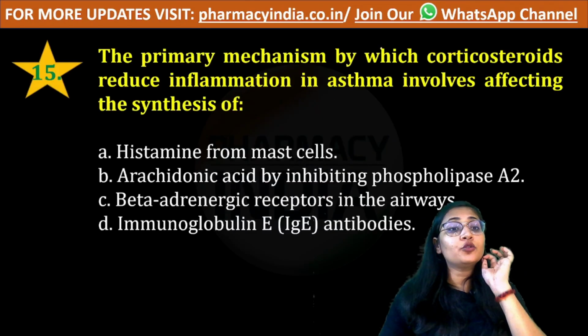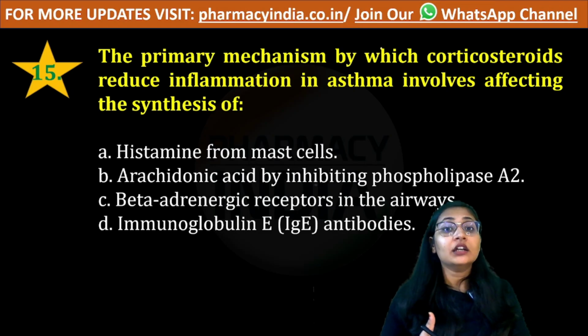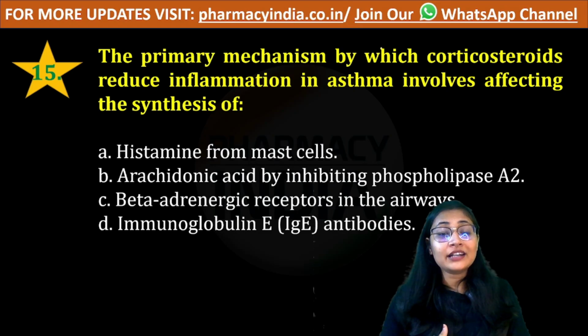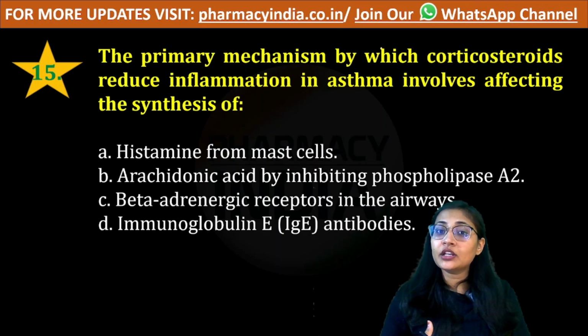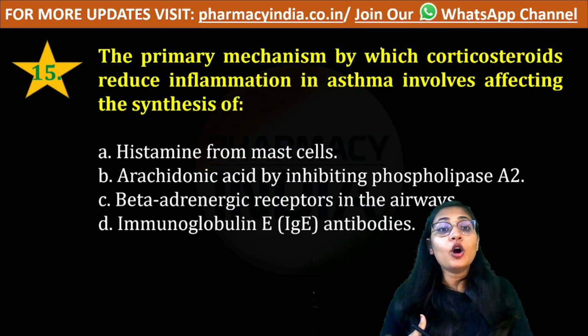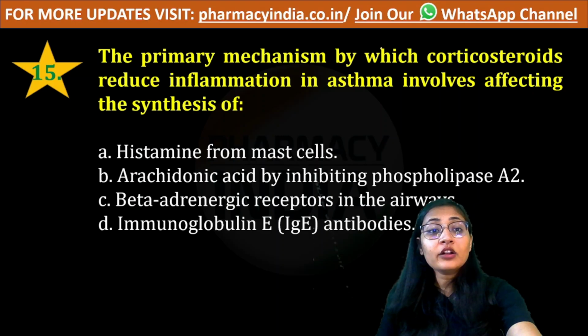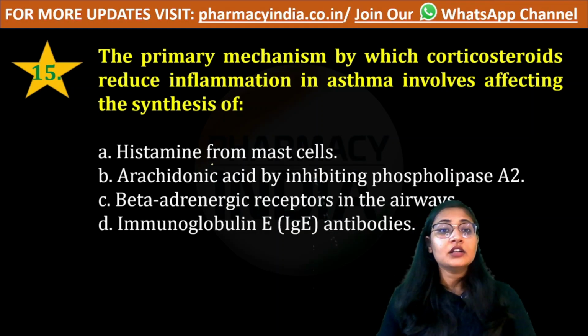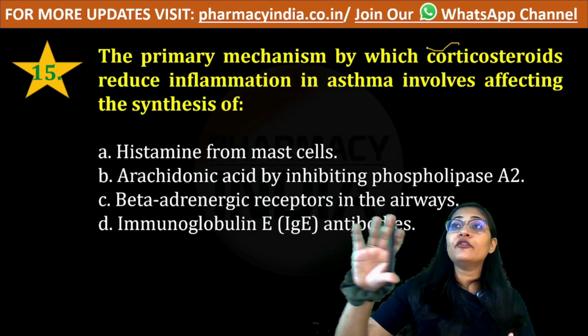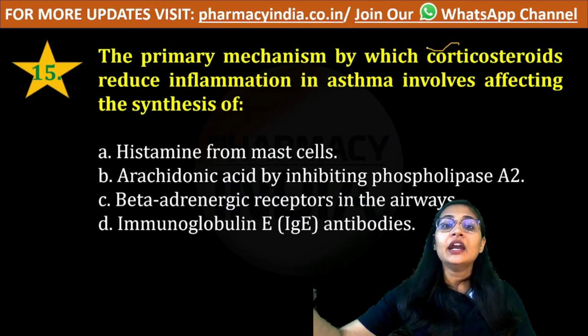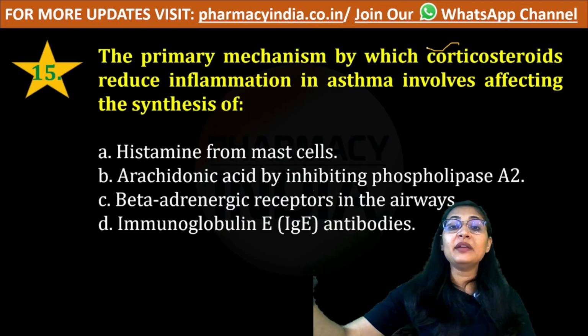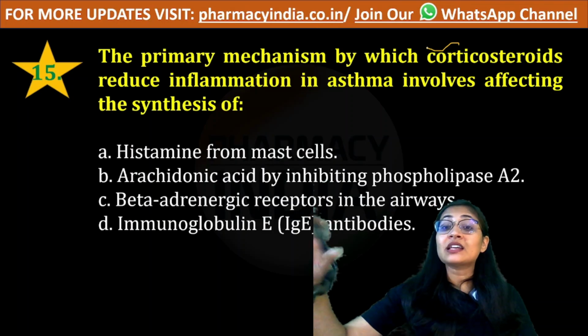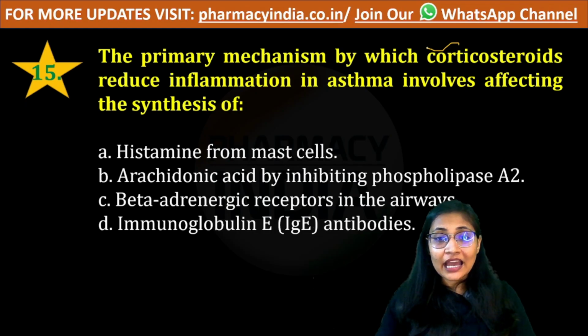Now let's move towards the next question, question number 15. The primary mechanism of action by which corticosteroids reduce inflammation in asthma involves affecting the synthesis of. So you know that corticosteroid works on various inflammatory pathways. It decreases the inflammatory mediating substances such as arachidonic acid.